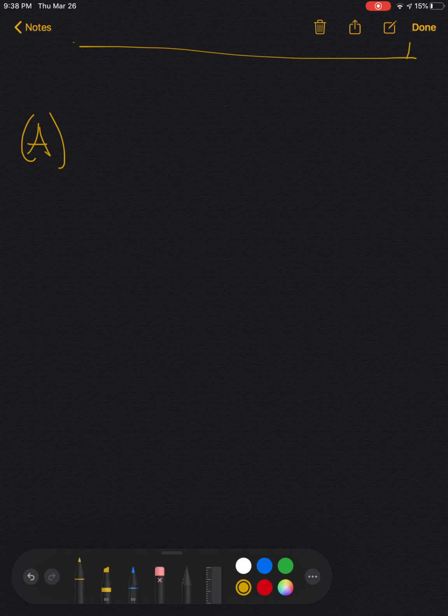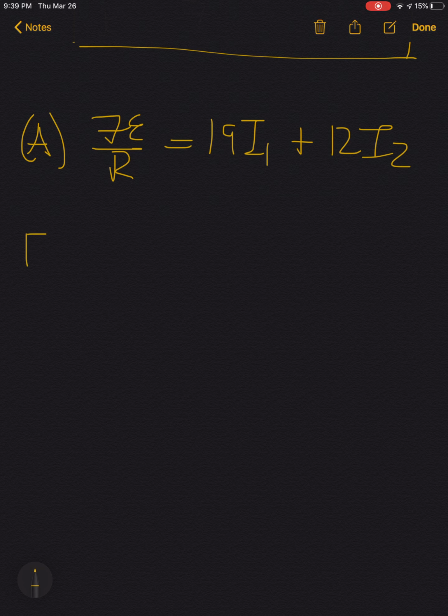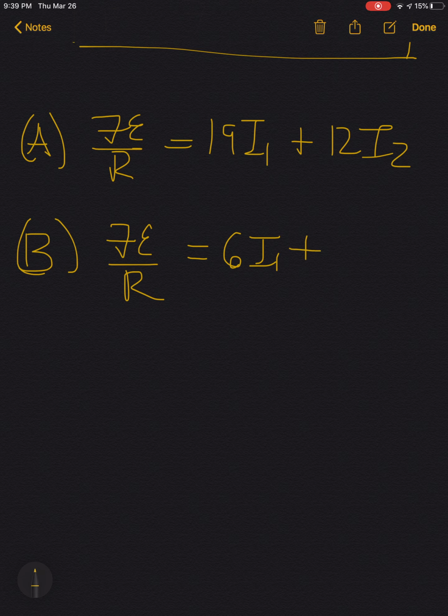So, working through that, we see this is 7E over R is equal to 19I1 plus 12I2. And equation B is going to be 7E over R equals 6I1 plus 13I2.